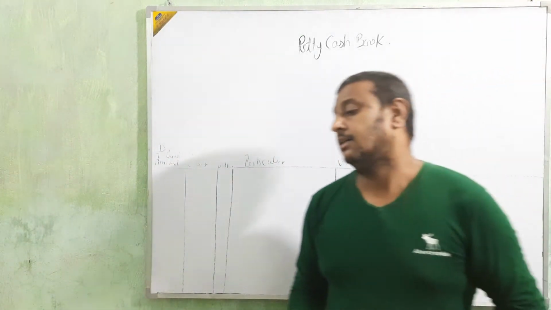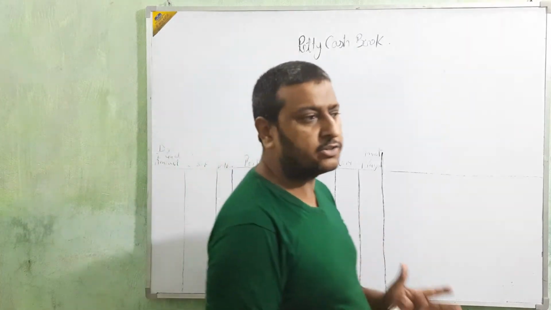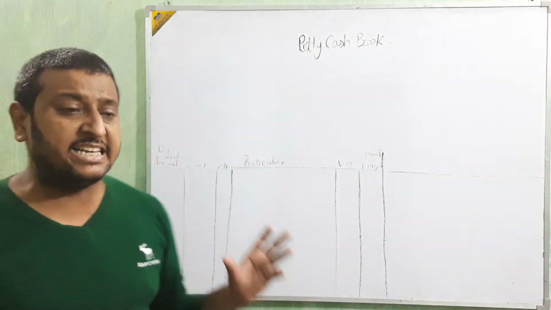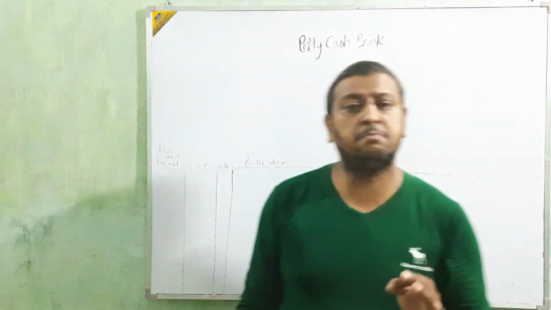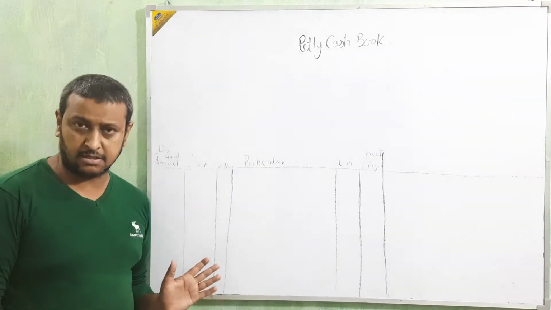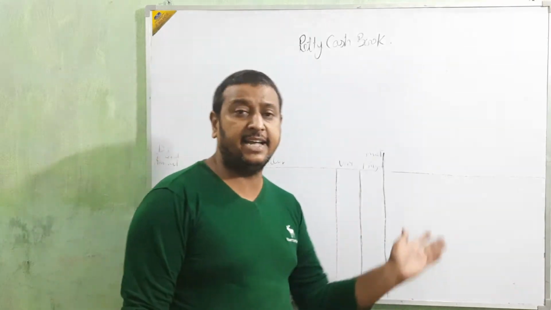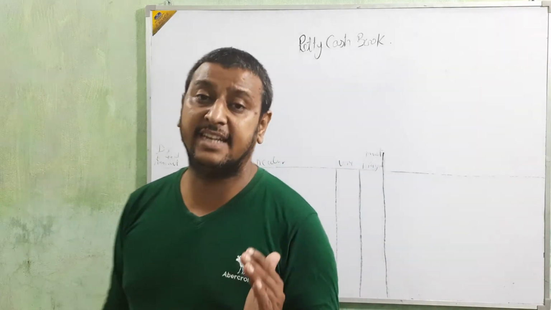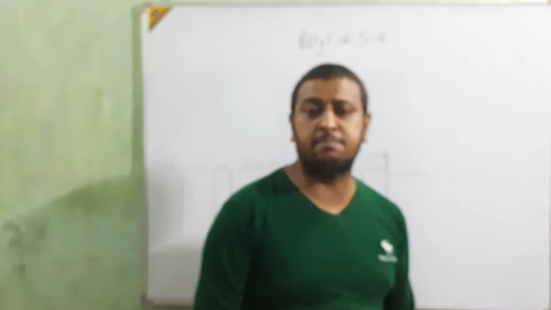Just think the senior cashier gives 1000 for 1 week. Then the junior cashier uses this 1000 for simple, small expenses related to the business. Okay, beta? Then the details go back to the senior cashier, who utilizes them. Now today we are going to start how to make this Petty Cash Book.